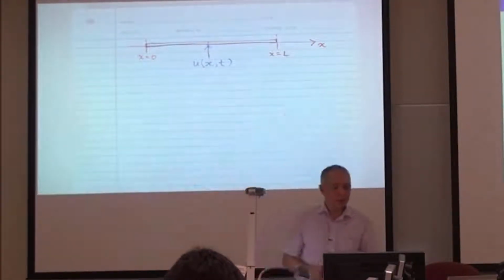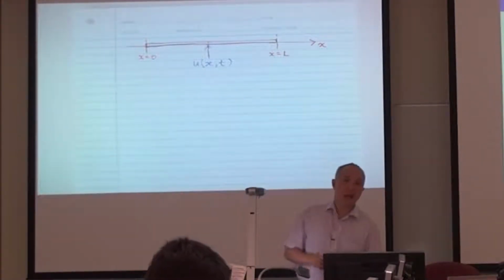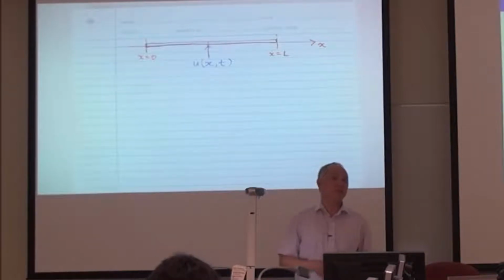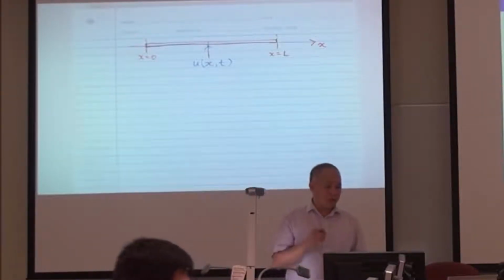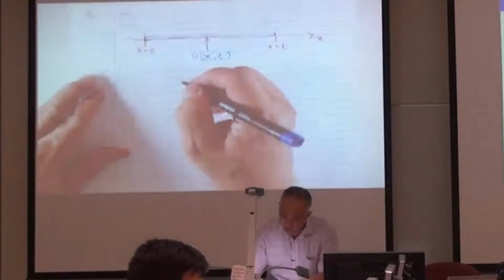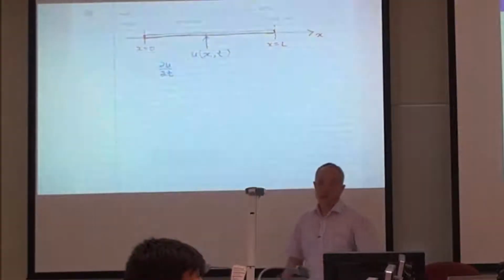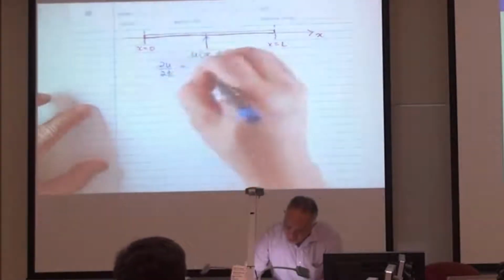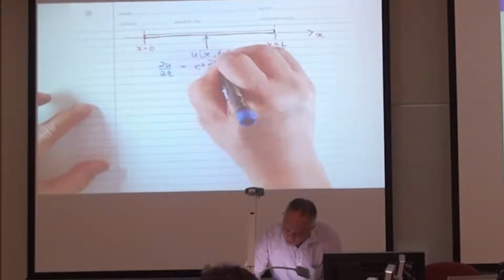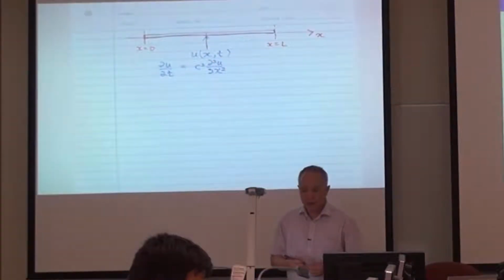The temperature u of this bar at that position x and at that time t is governed by what we call the heat conduction equation, or in short the heat equation, which is given by du/dt equals c squared d2u/dx squared, right?